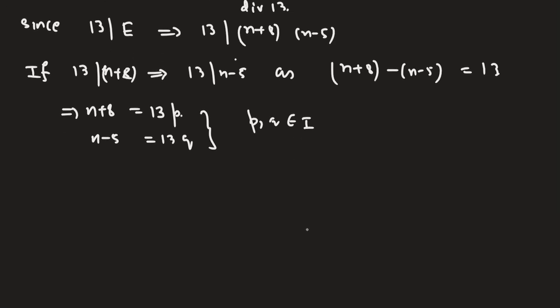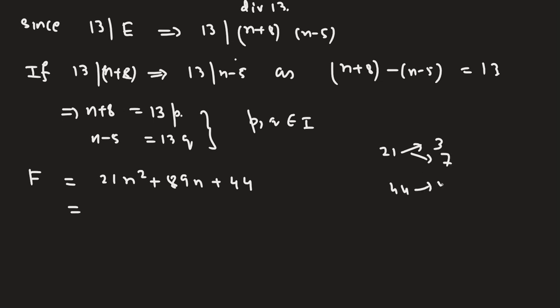So now with the help of n plus 8 and n minus 5, you have to prove that this other expression, which I call f, 21n square plus 89n plus 44, is divisible by 13 square. Now 21 gives you the factors 3 and 7. From 44 you get 4 and 11, 4 meaning 2 into 2, and here 11.